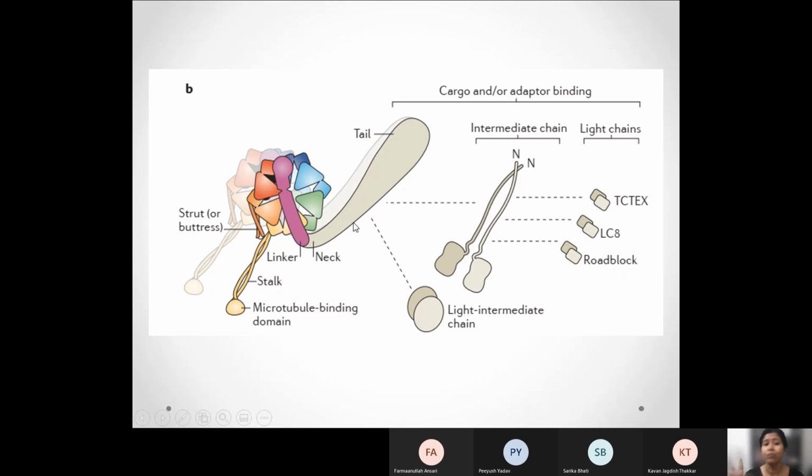Now, if you remove the tail region, would the dynein still function and work by binding to the microtubule? Ideally, yes. And in fact, it is the case. The minimum unit that is required to bind to the microtubule exists here, and you can literally leave out the tail.